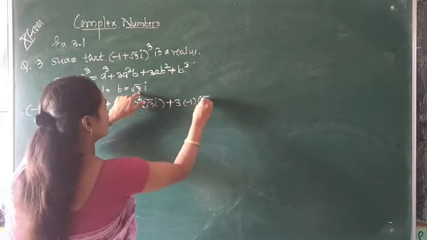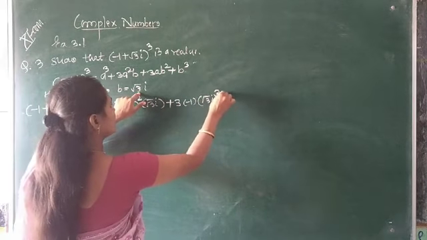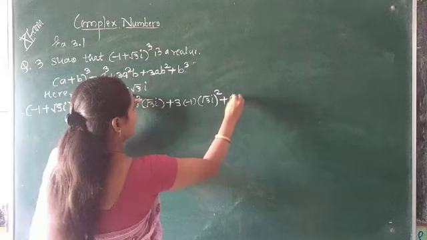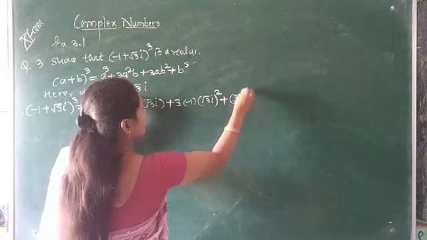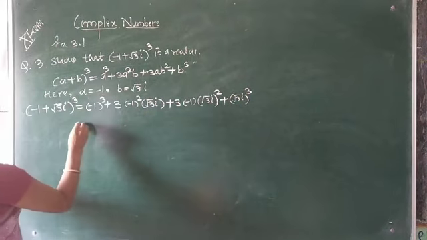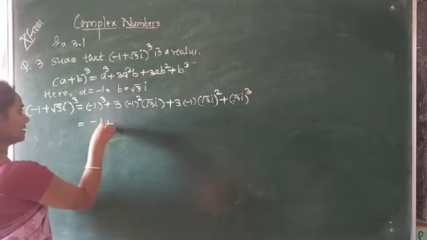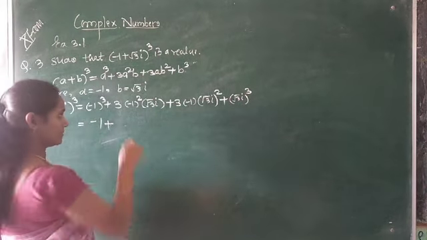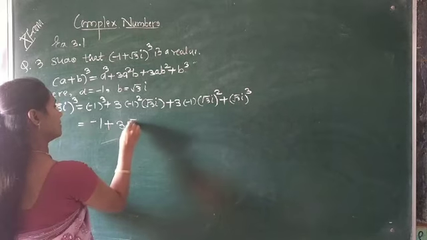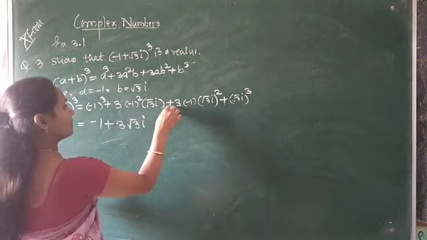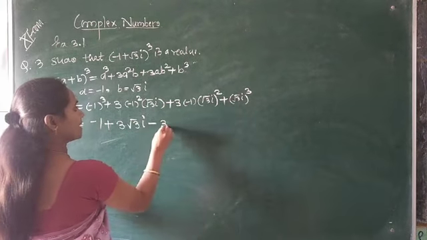What is b? Root 3i square plus b cube, root 3i bracket cube. Minus 1 cube is always minus 1. Now see here, plus 3 into minus 1 square is plus 1, 3 into 3 root 3i, plus 3 minus 1, hence it is minus 3.